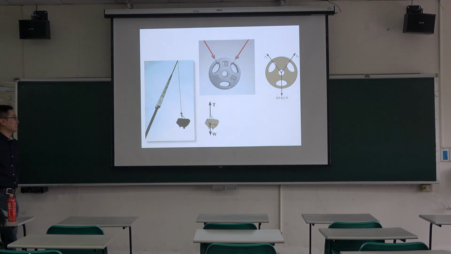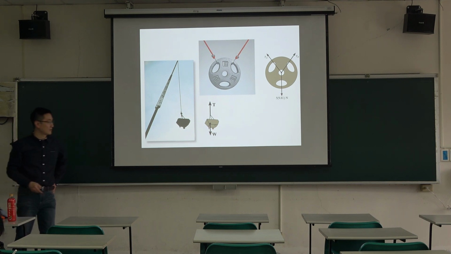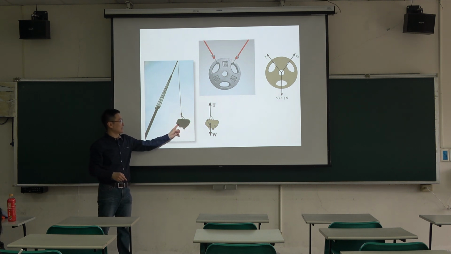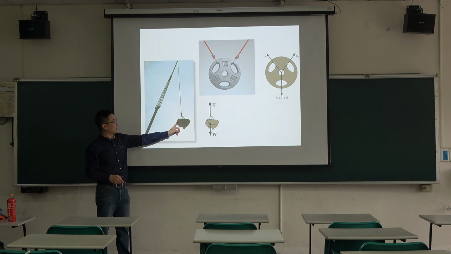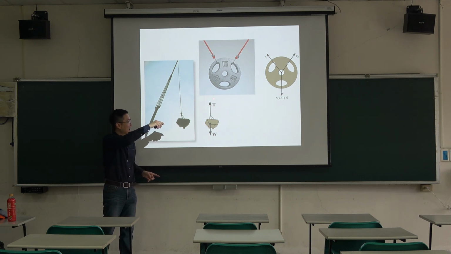Okay, here are two examples of how we work out a free body diagram. The left-hand side is a crane lift. If our object is this truck, we have its cable, so we can draw the free body diagram.